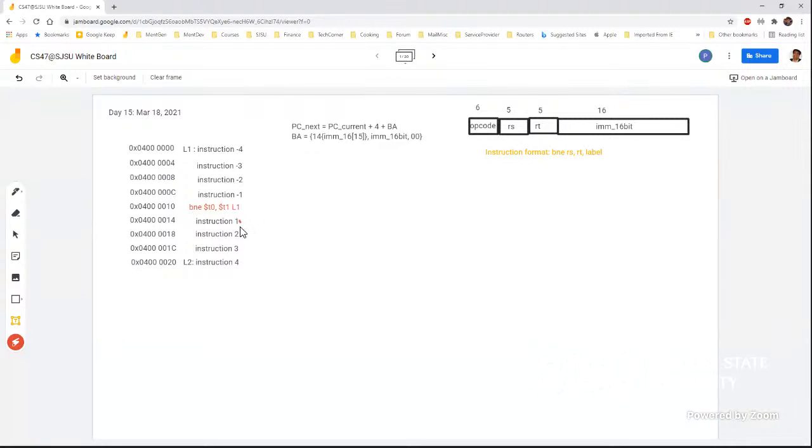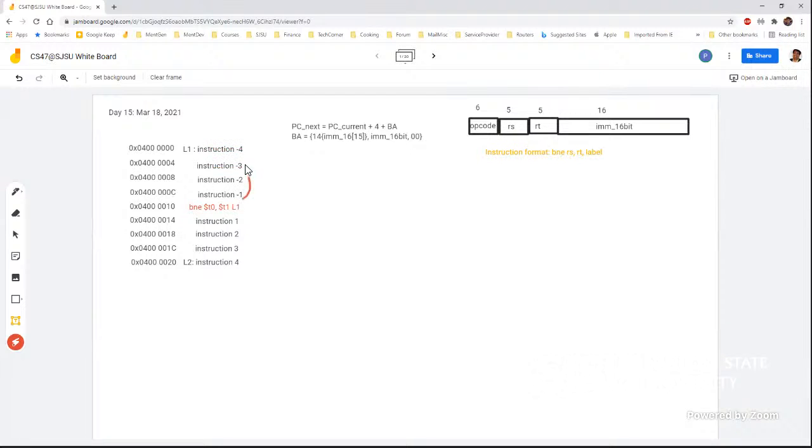For the forward jumping scenario, the next instructions from the BNE, I index them as instruction 1, instruction 2, instruction 3, and so on, the index becoming larger. For the other part, if I want to jump back to the previous instructions, I index them as instruction -1, -2, -3, and instruction -4.